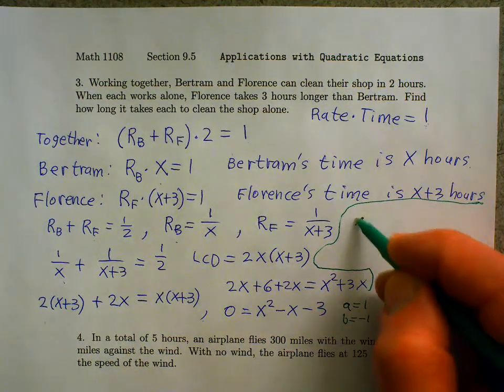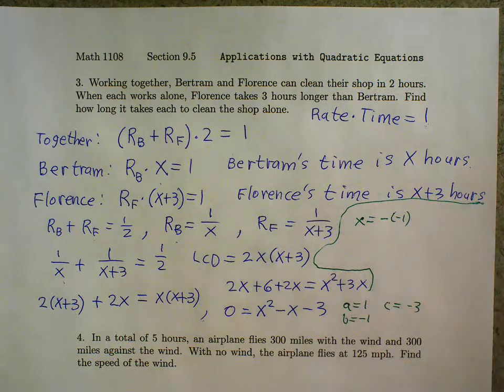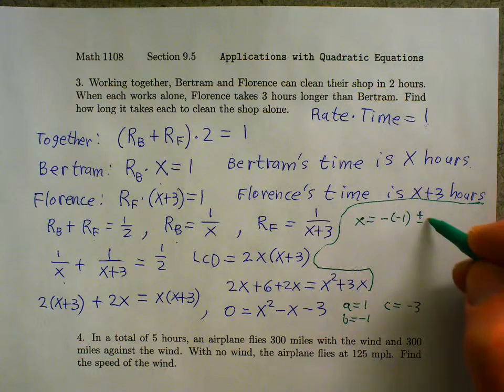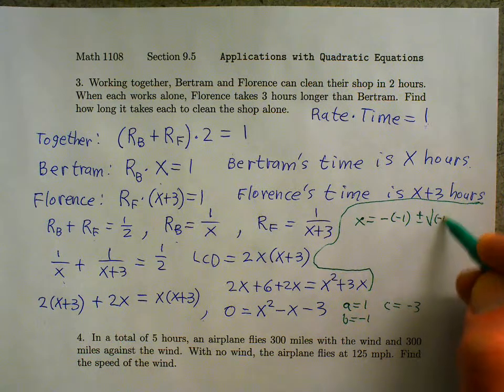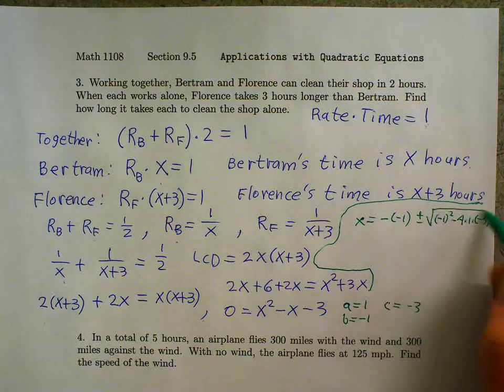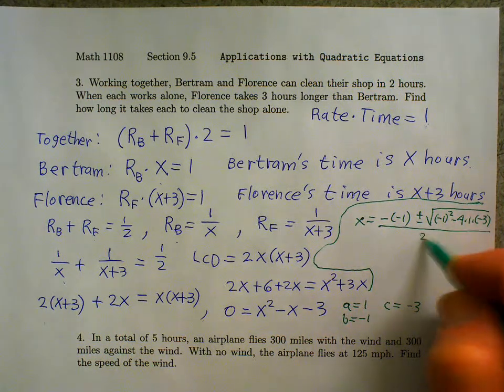So x equals the negative of -1 plus and minus the square root of the number -1 squared minus 4 times 1 times -3, all divided by 2 times 1.